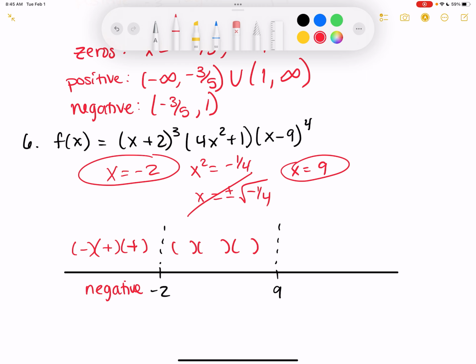Negative. 0 plus 2 is positive. Positive. I would use 0 because it'll make it easier to think about. Positive. Positive.